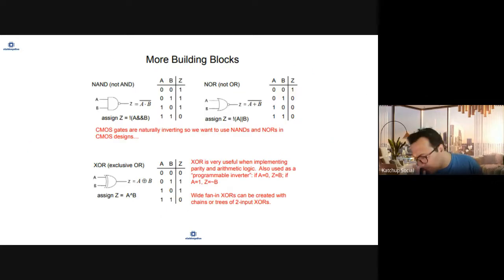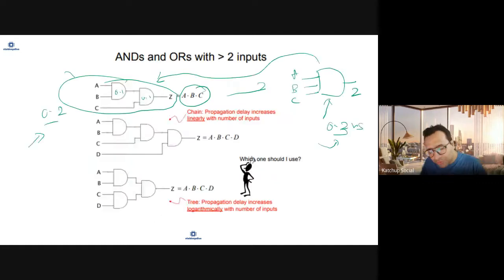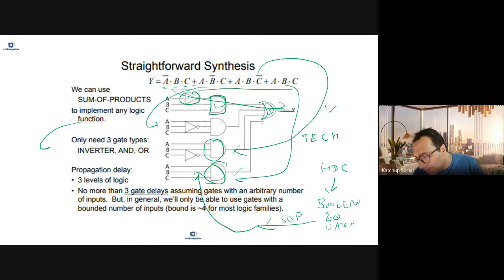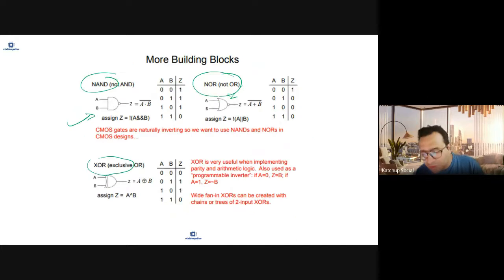Sometimes libraries may have more complex cells like NAND cells, NOR cells. Actually, NAND and NOR are most often used, which we'll talk about. Or you can have exclusive OR, so it has multiple options of representing these equations, and depending upon the situation and the constraints, it will choose the best optimal cells for your design.